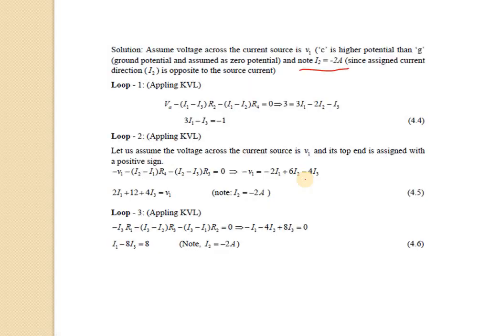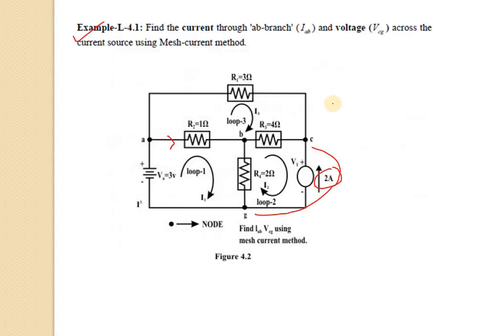Next, applying KVL in loop 1, we are getting VA minus (I1 minus I3) into R2 minus (I1 minus I2) into R4 equals 0. That is this loop equation.